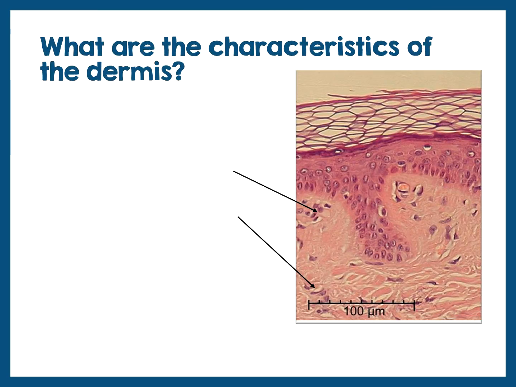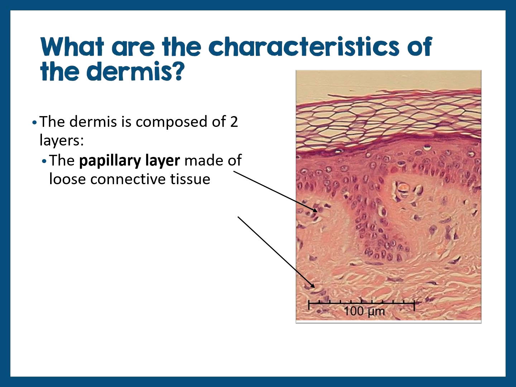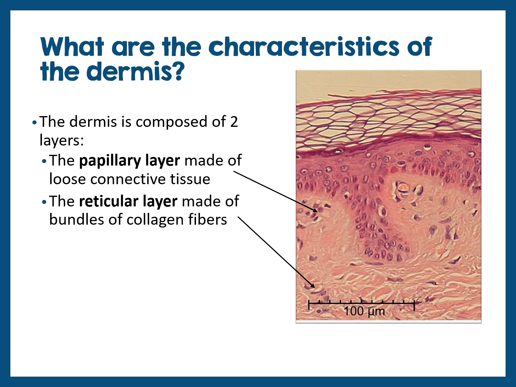The papillary layer is the more superficial layer that has those dermal papillae that push up into the epidermis. And the papillary layer is made of a loose areolar connective tissue, which means the collagen and elastin fibers of this layer form a loose mesh.